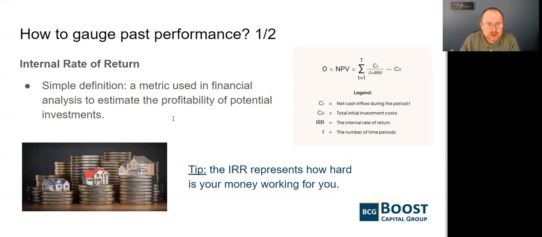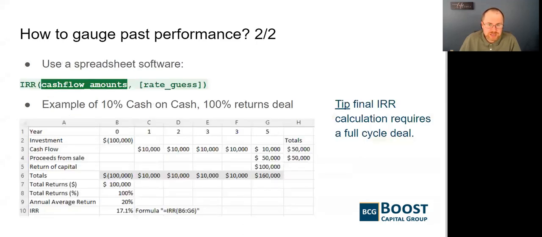It's the book definition, but in more layman's terms, the IRR represents how hard your money is working for you. So how to implement that day to day practically: you can use spreadsheet software, whether it's Excel or Google Sheets, and use the IRR formula.